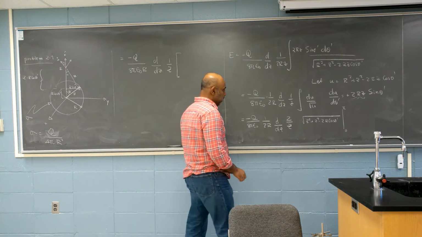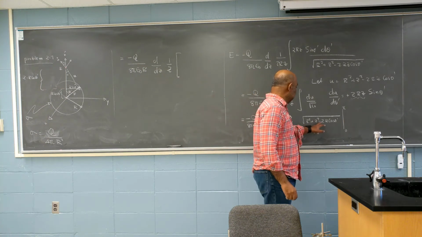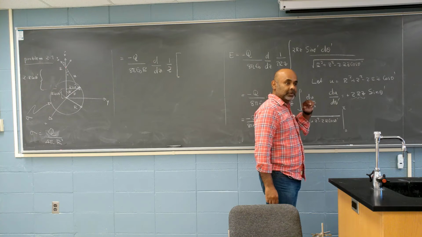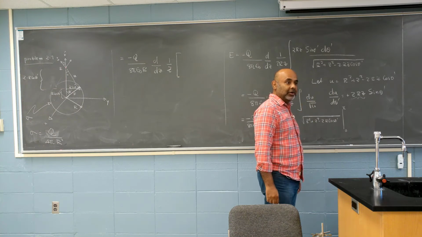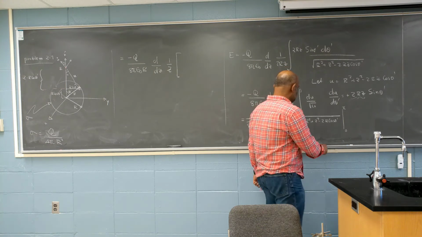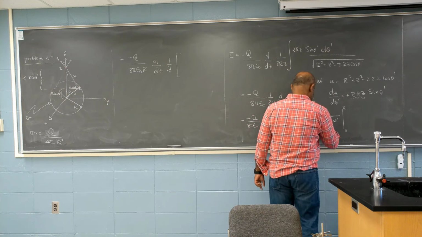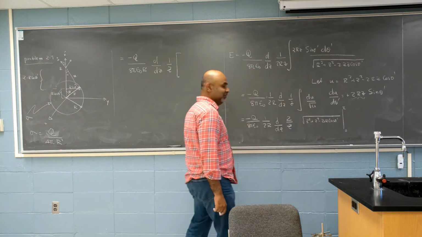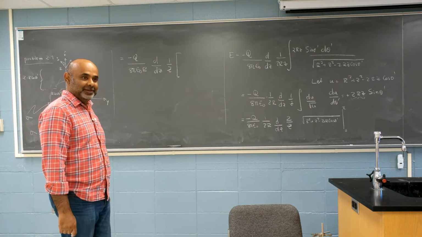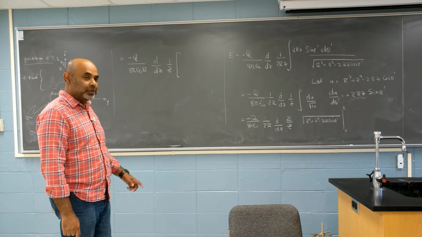So this becomes r squared plus z squared minus 2rz, so that is z plus r whole squared. Isn't that a 2 over z, or do you cancel it? 2z. Oh, you did. So when I take the square root, what do I get?